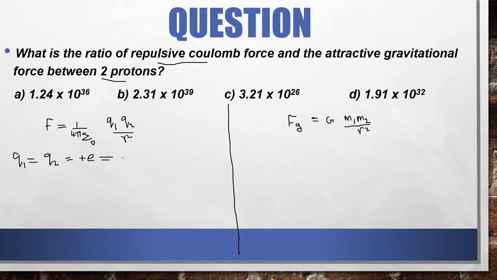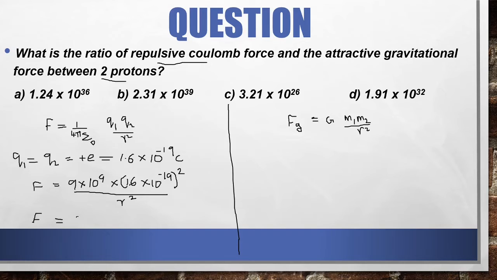The value of e is 1.6 into 10 raised to minus 19 Coulomb. Now let's apply this value in this equation. By multiplying these values, we will get 2.304 into 10 raised to minus 28 by r square. Now we have found the Coulomb's force value.